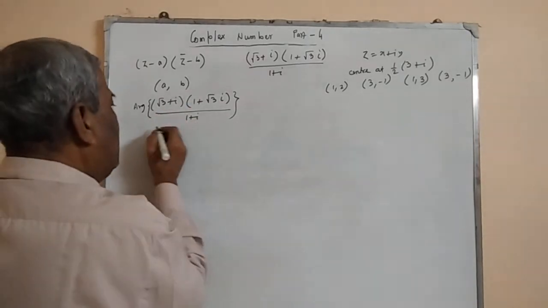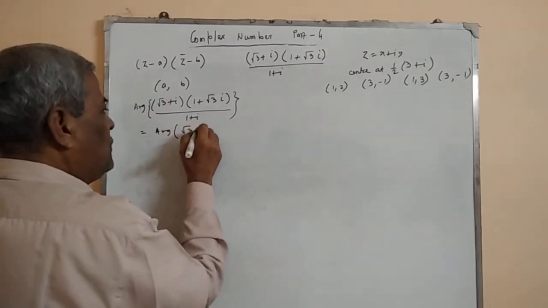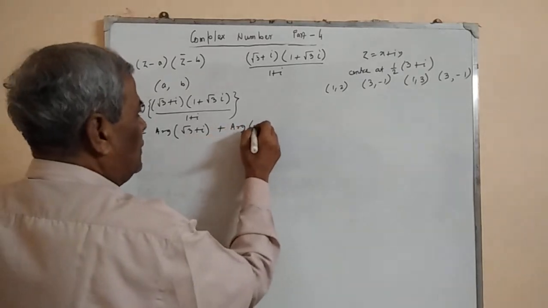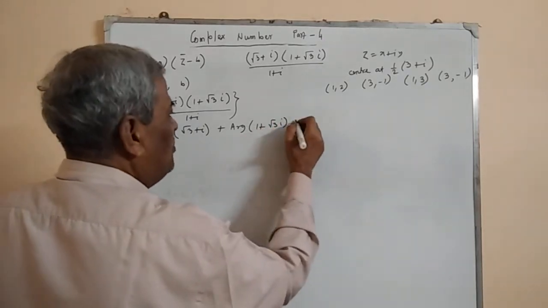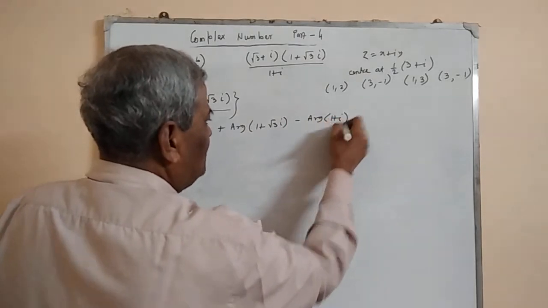So its argument is equal to argument of root 3 plus i plus argument of 1 plus root 3 i minus argument of 1 plus i.